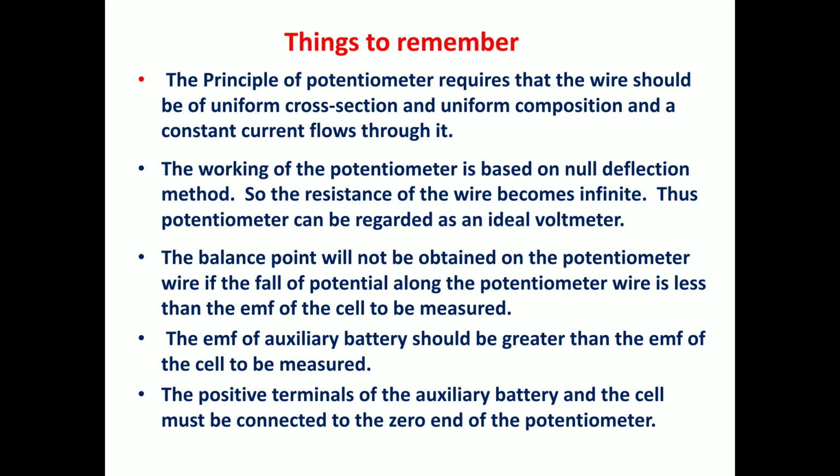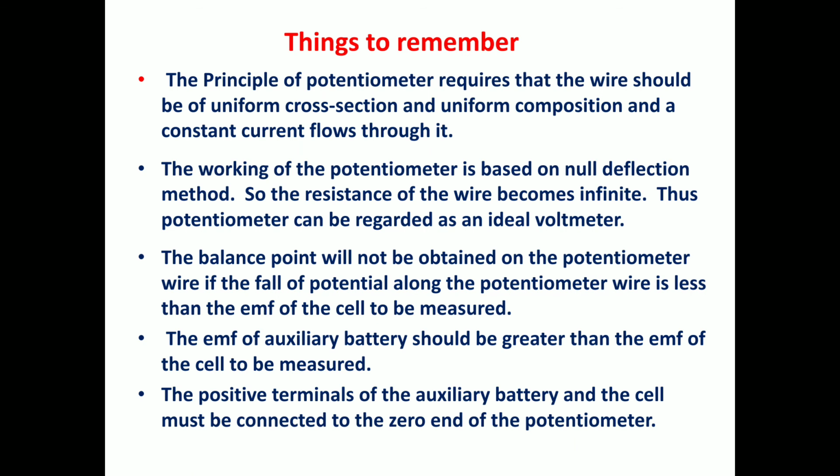Now, the things which we have to remember, first is the principle of potentiometer, that it requires that the wire should have uniform cross section, uniform composition, and constant current should flow through it. Then only its principle will be applicable. The working of potentiometer is based on null deflection method. So resistance of the wire becomes infinite.